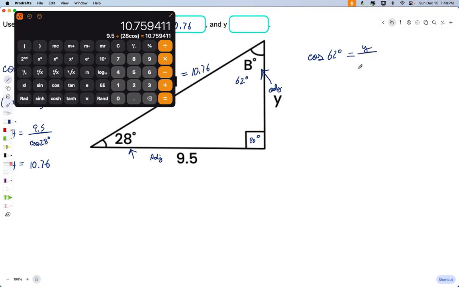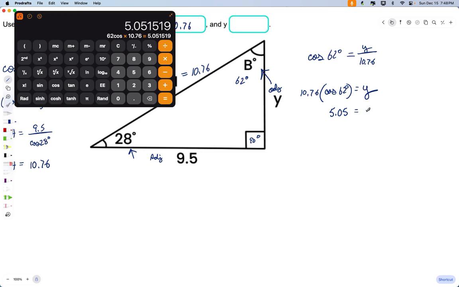I'm going to multiply both sides by the denominator. So 10.76 times the cosine of 62 is equal to y. I'm just going to do that on the calculator. 62 cosine times 10.76 is 5.05. That is the value of y.